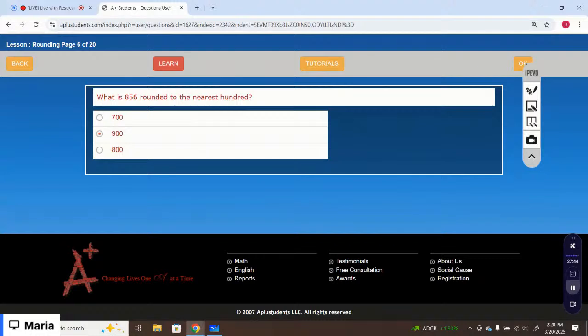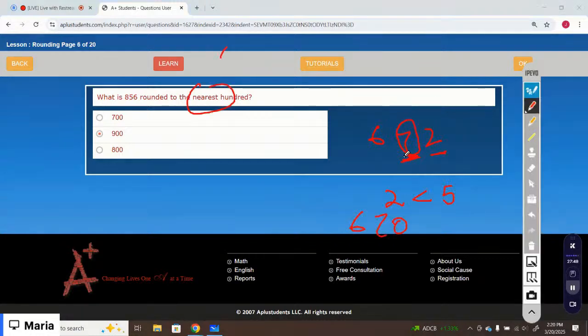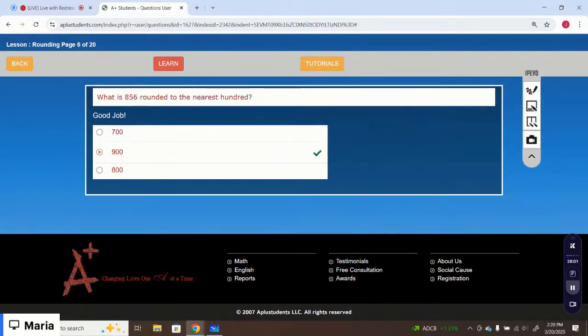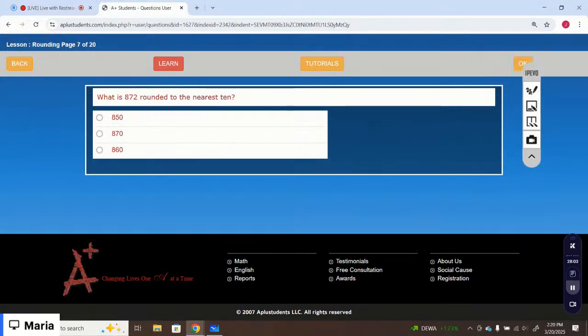We have to round the hundreds digit. So 8 is at the hundreds position, right? Right next to 8, you have 5. 5 is equal to 5, so you need to round up. It would now be rounded to 900. Okay, number 2 is the correct option. You can complete the lesson by yourself later today. So let's just move on to the next lesson.